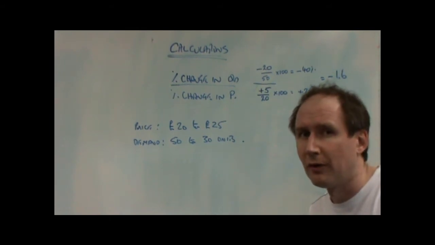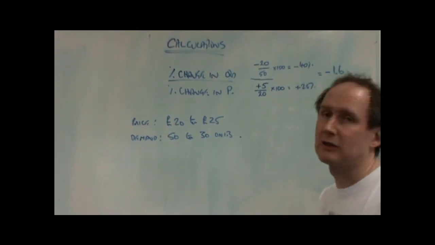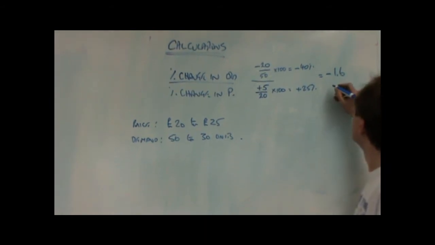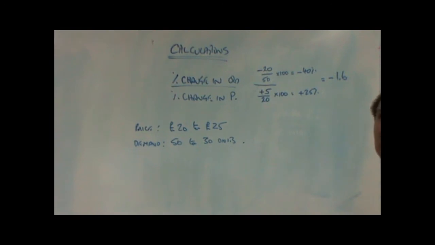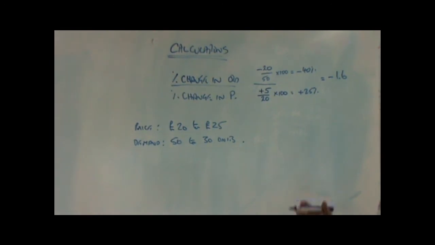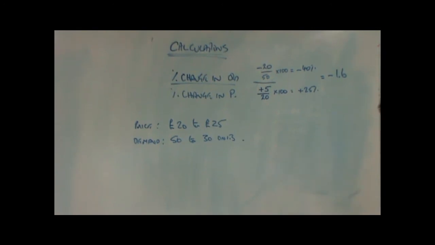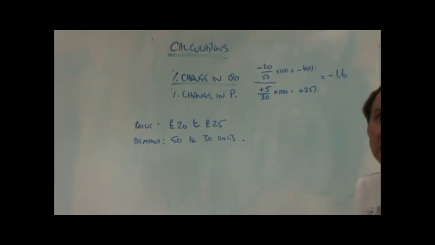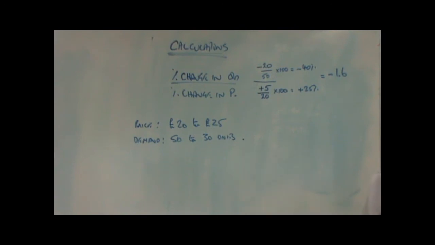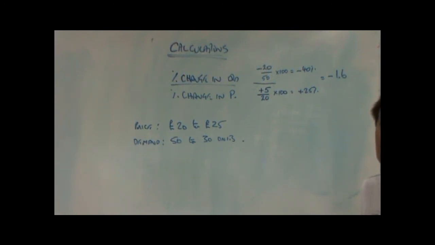And as we said before, that minus 1.6 simply means that demand changes by 1.6 times as much as price. In this case, because it's greater than 1, demand is price elastic. And the minus sign simply means that, as ever with most price elasticity of demand, there is a negative correlation, so when price goes up, demand goes down. When price goes down, demand goes up.